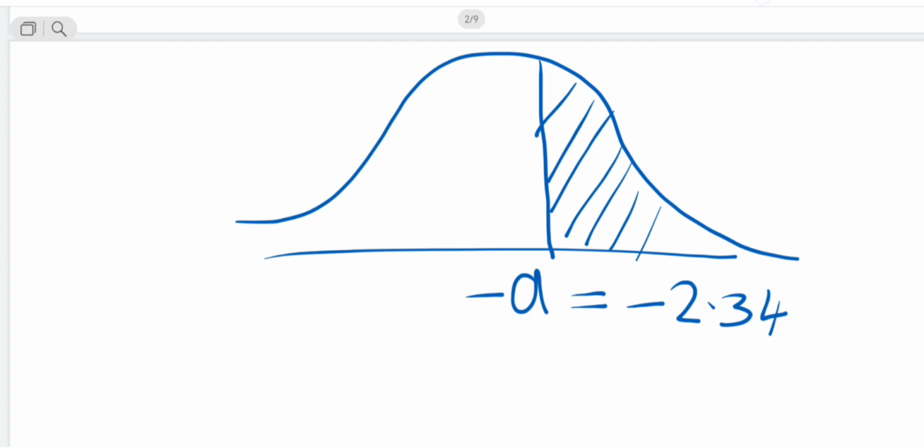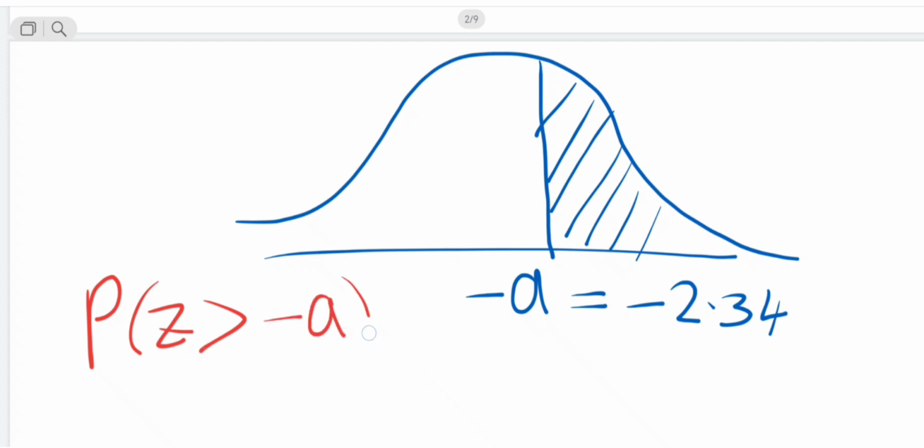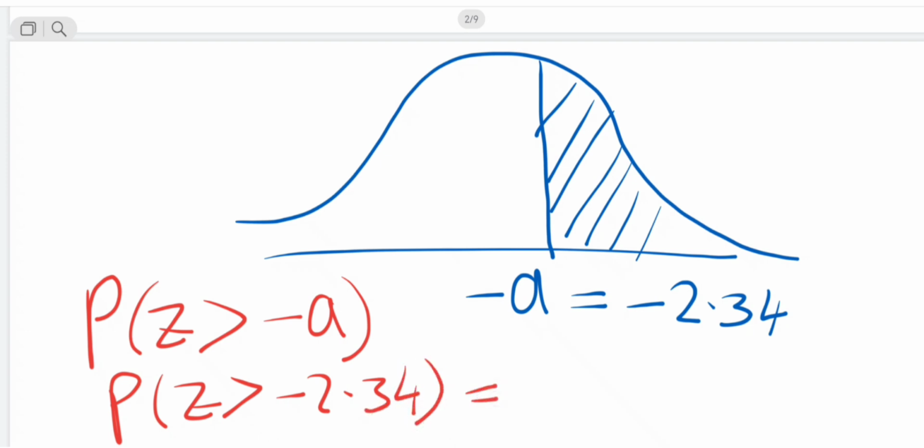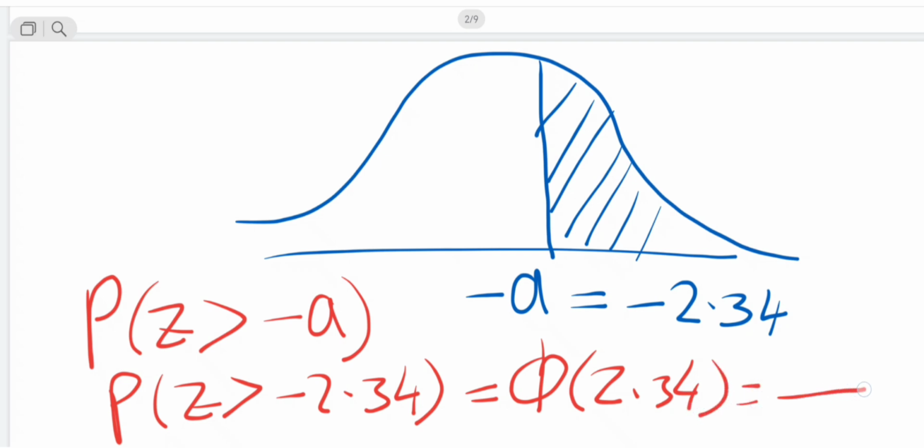So the question is to find the probability z greater than minus A. What is A? A can be any number of z. So it will be probability of z greater than minus 2.34. If it is negative and greater, you directly find the value of 2.34 in the table. That will be the answer. No need to subtract from 1.